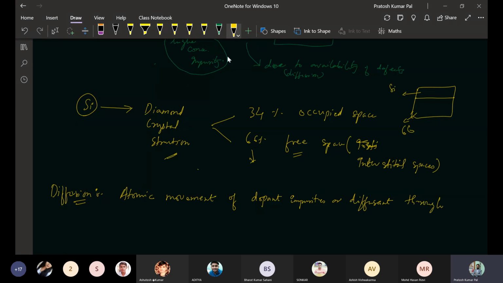through vacancies. When there is a defect available in the silicon crystal, or we call it a vacancy or a space, these vacancies cause the movement of dopant atoms. These vacancies will be in the form of interstitial spaces.